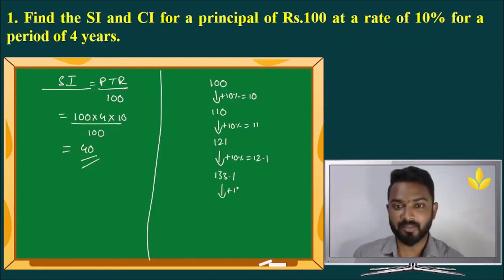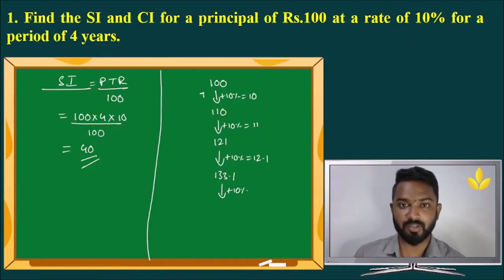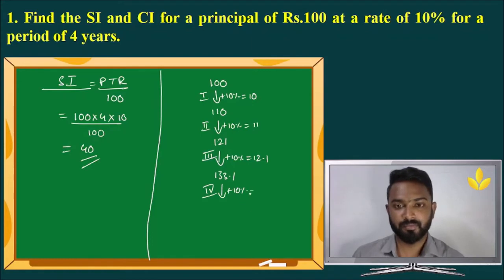This increases by 10%. This is the last one because first year, second year, third year and fourth year. 10% of this is 13.31. This gets added over here. We get 146.41. This is the final amount.